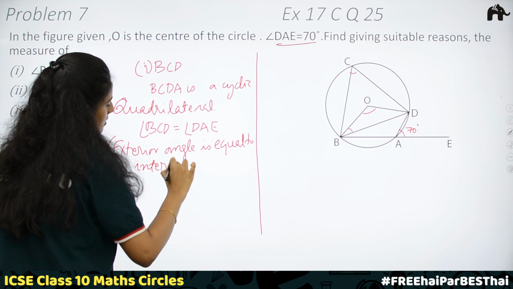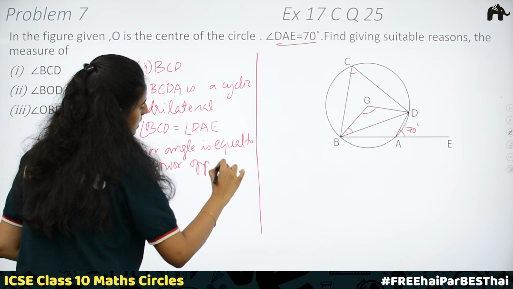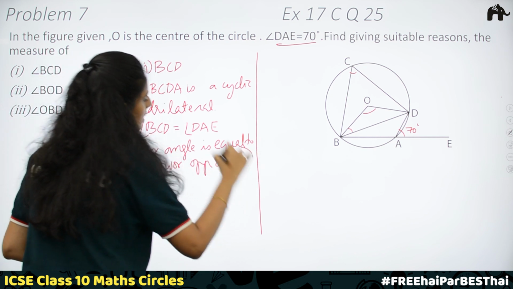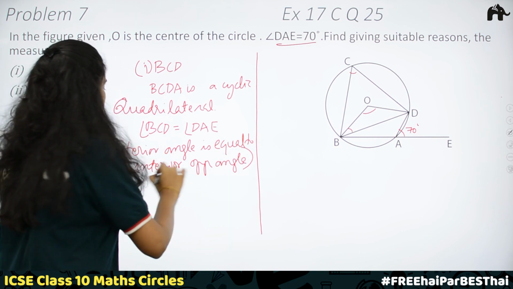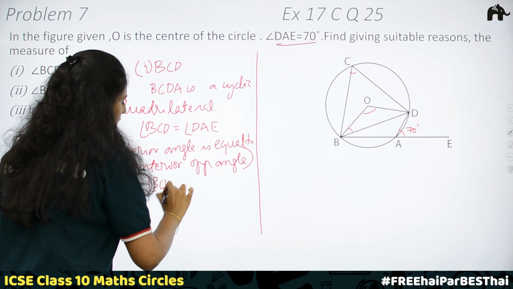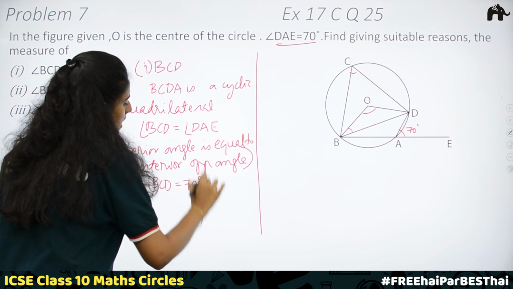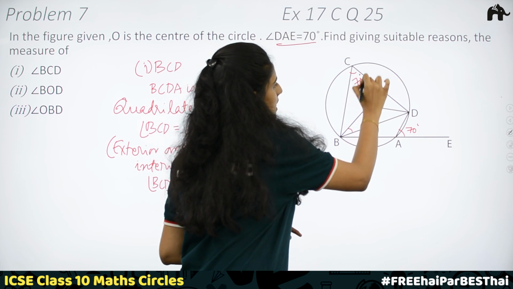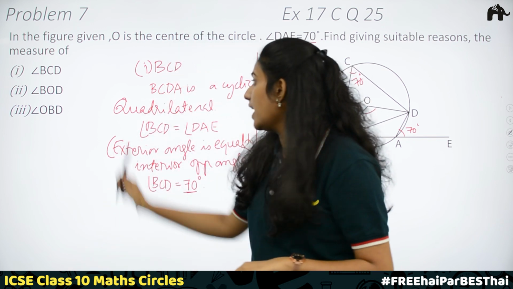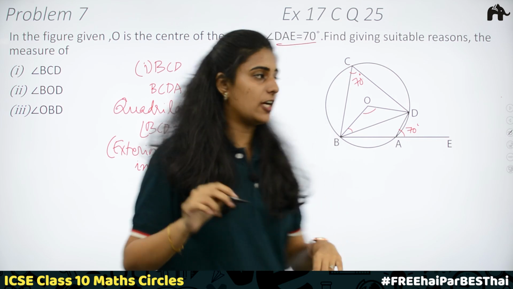Exterior angle is equal to interior opposite angle. Okay, therefore the measure BCD is equal to 70 degrees. BCD is 70 degrees. Now we have to find BOD, the second one.